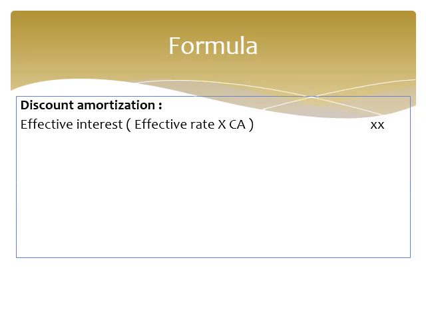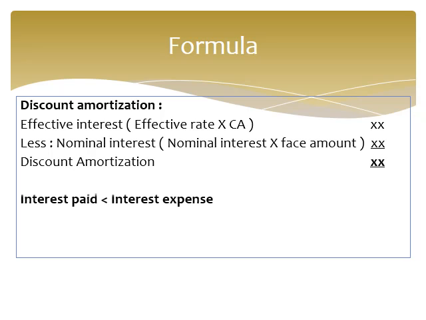For discount amortization, kabaliktad na naman. Interest paid is less than the interest expense. Nung nagbayad tayo ng interest, nag-debit tayo ng interest expense, nag-credit ng cash. Mas malaki dapat yung interest expense, so dapat dagdagan natin.